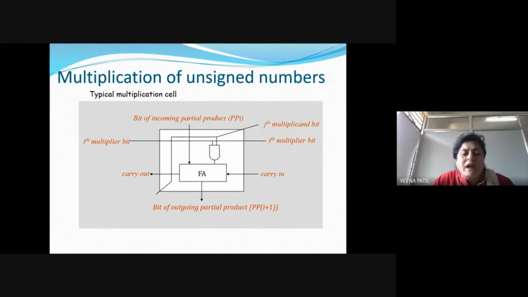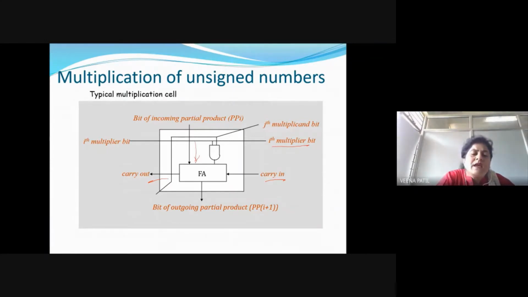So we are going to design this circuit using this multiplication cell. Now this multiplication cell will consist of one full adder which will have carry in, carry out, and the bits from the previous stage, or you can say from the partial product of the previous stage, and we have here the ith multiplier bit which is going to decide whether addition should be there or only shift has to be performed.